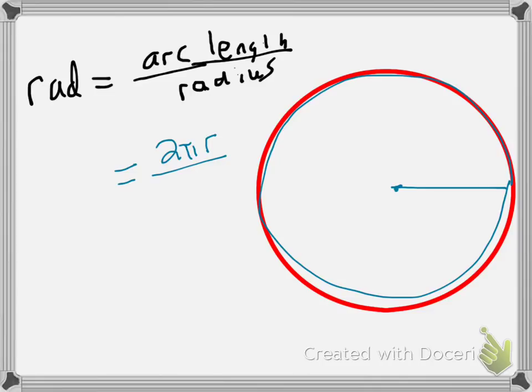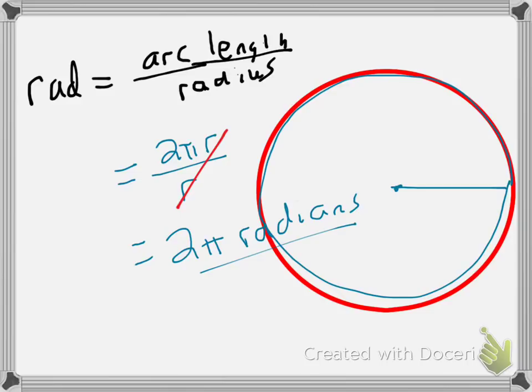And if we divide that by the radius, we come to find out that there are 2 pi radians in a circle. It's super rad. So how many degrees are there in a circle? 360. How many radians are in a circle? 2 pi. So let's think about this for a second.